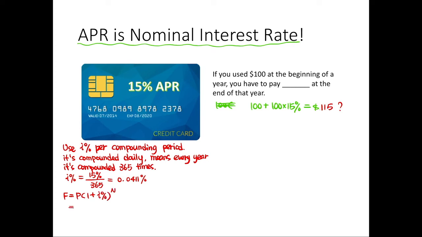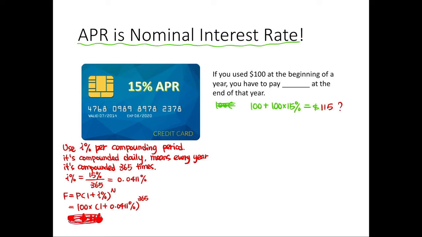So it's 100 times 1 plus 0.0411% to the power of 365, because you have 1 year and you compound it every day, so you get this number of compounding periods. That will give you the answer, if you round it to $1, of 116.